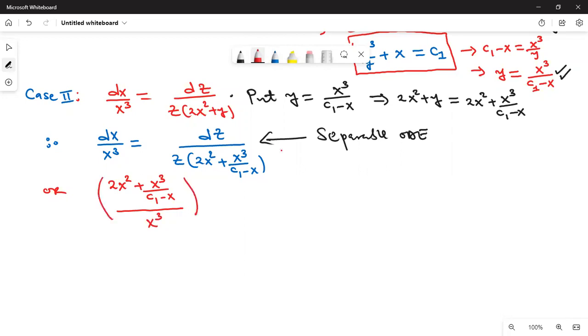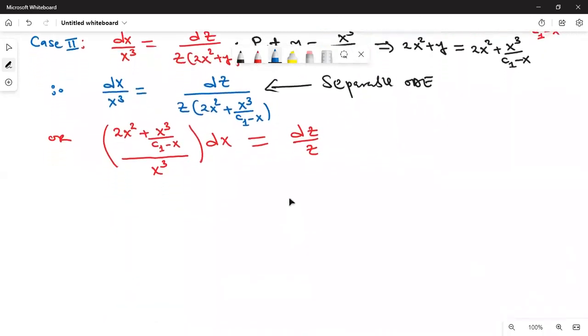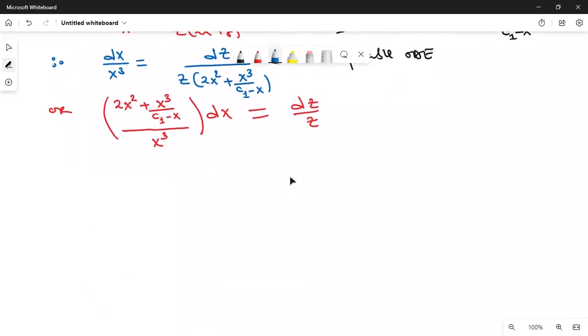This is the coefficient of dx, is equal to dz over z. So we have separated the variables. We need to simplify that equation before we integrate. If you look at this equation, you realize that the term on the left-hand side is not easy to integrate unless we simplify it. So I'm going to divide by x cubed to get this.